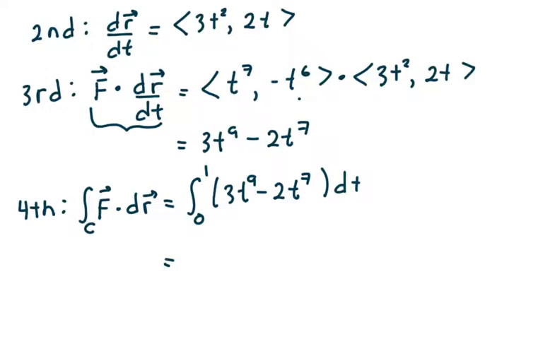And it's a pretty straightforward integral, actually. And so here you get 3/10 t to the 10th minus 1/4 t to the 8th from 0 to 1. And when I go forward, I just get 3/10 minus 1/4.